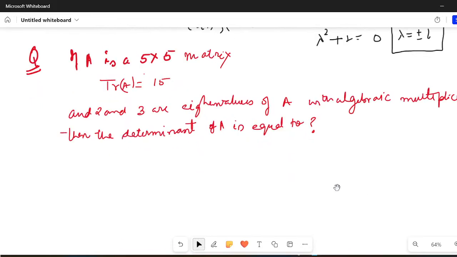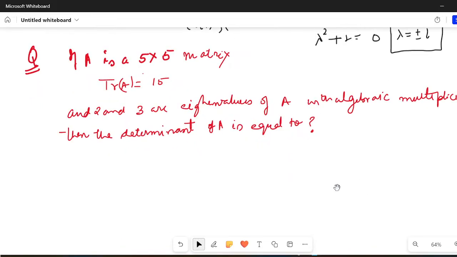I taught you yesterday algebraic multiplicity, because after a while I'll talk of something called geometric multiplicity also. So to mark a distinction, I have used the word algebraic multiplicity.